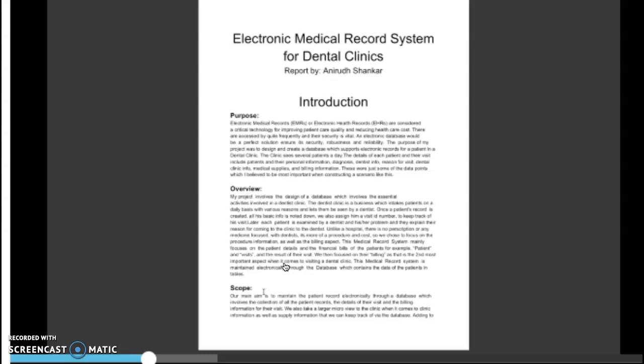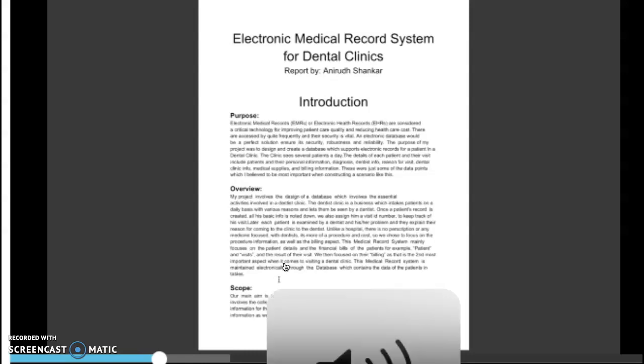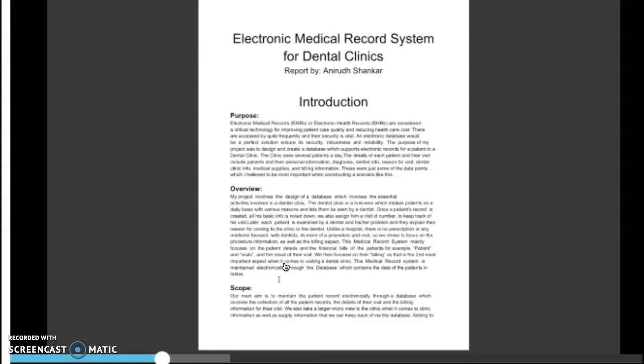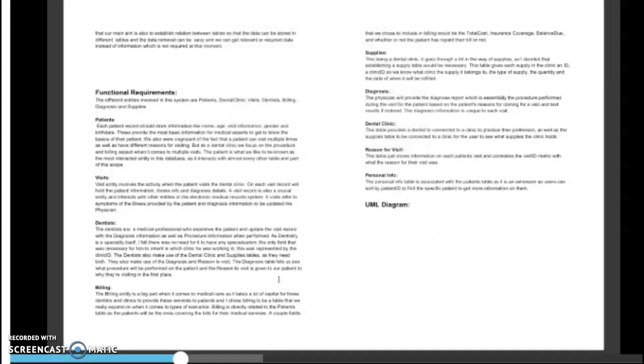With this time of COVID, it was a great time for me to think about the special aspects of a dental clinic when it came to cleanliness and PPE and things like that. So the scope was relatively small. It wasn't on the scale of something like a hospital.